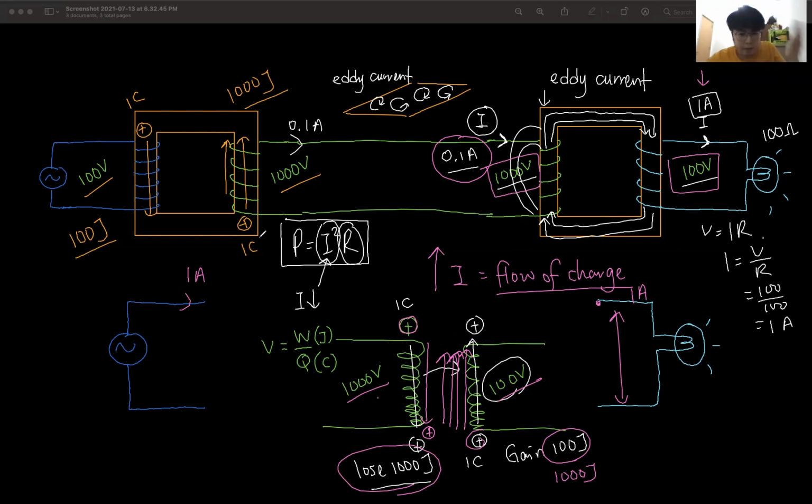Now, you got another problem. If you keep stepping up the voltage, then the voltage becomes very, very high that it can ionize the air around it. When you have very, very high voltage, it can ionize the air around it and then causing lightning. So you see lightning everywhere.